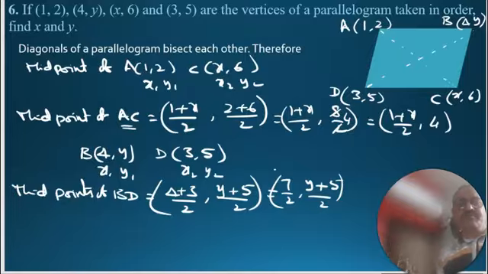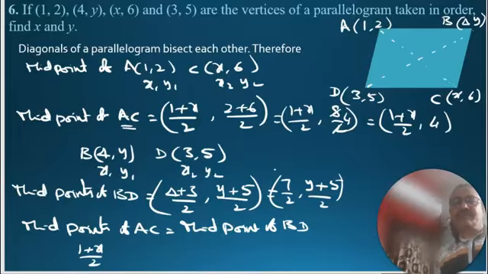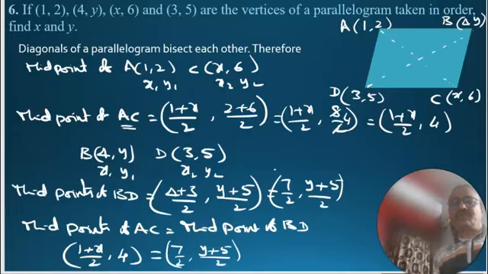So midpoint of AC is equal to midpoint of BD. So what is midpoint of AC? ((1 + x)/2, 4) is equal to (7/2, (y + 5)/2).